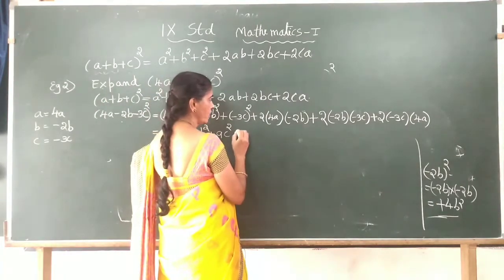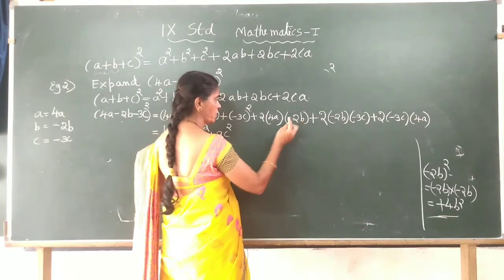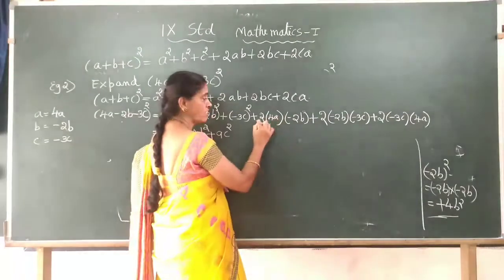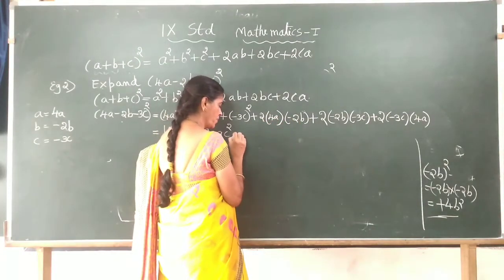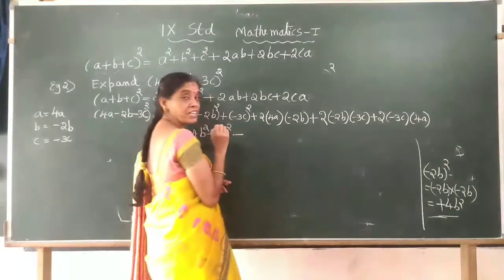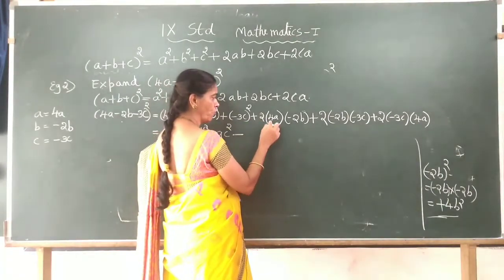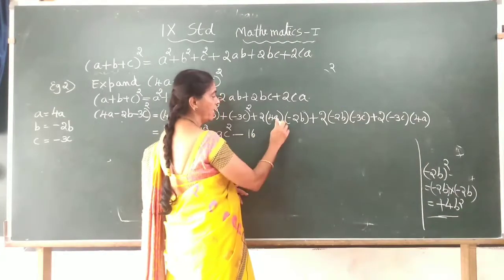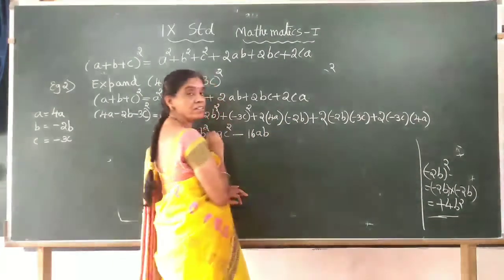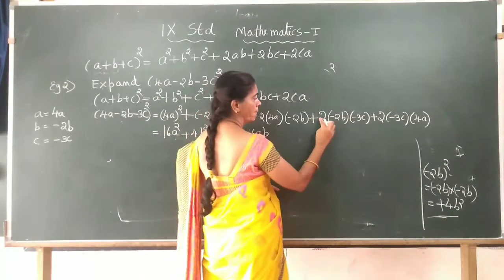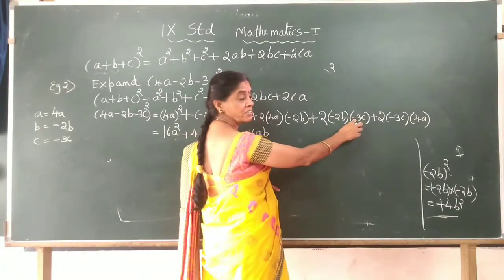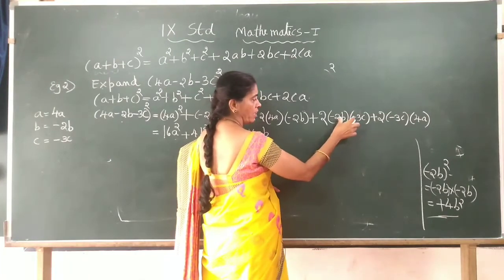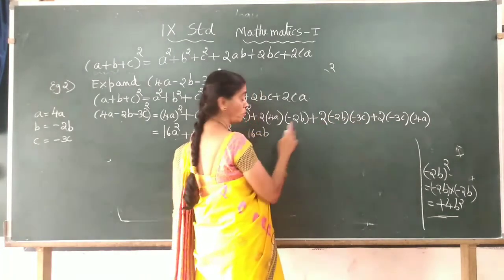Now here we have to multiply the numbers. Before multiplying, here plus, here minus. Plus into minus: if they are opposite signs, the product is always negative. Now multiply the numbers. 2 fours are 8, 8 twos are 16. A into B, AB. Here minus into minus is plus, then again plus, so plus.